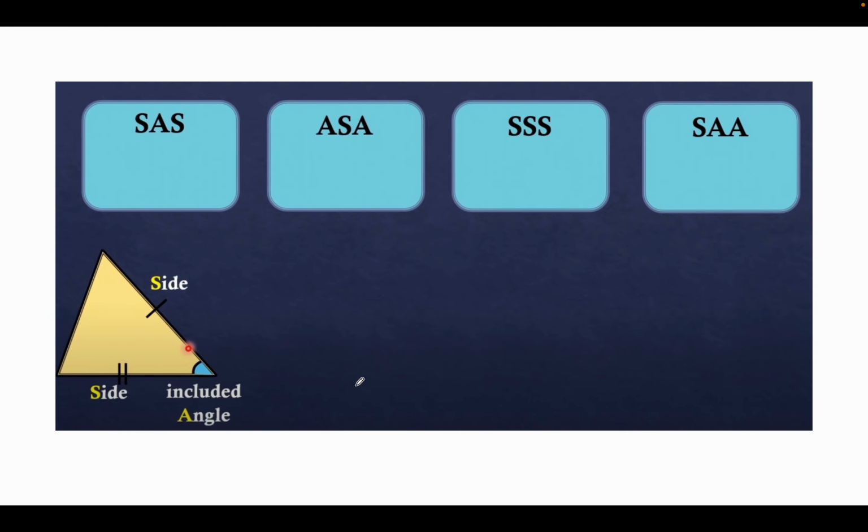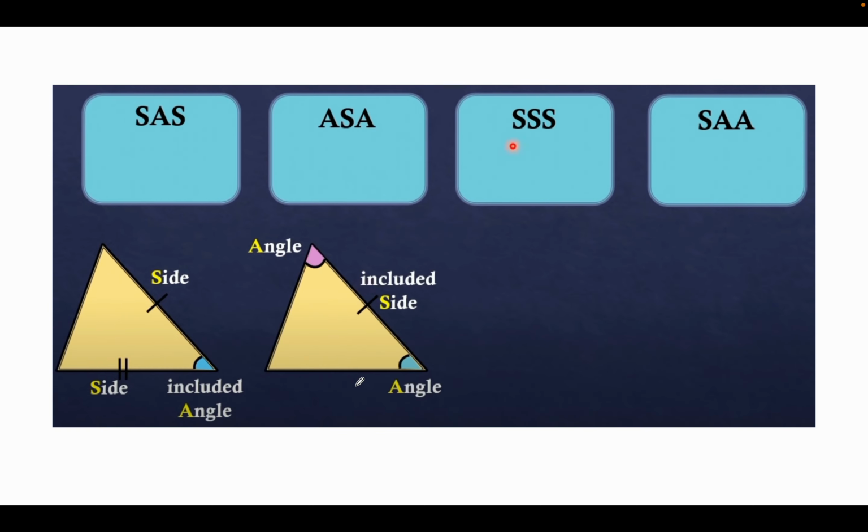If the two sides and included angle correspond to another two sides and angle of another triangle, therefore the two triangles are congruent by SAS congruence postulate. And for the ASA, if two angles and the included side are congruent to another two angles and included side of another triangle, therefore the two triangles are congruent by the ASA postulate.